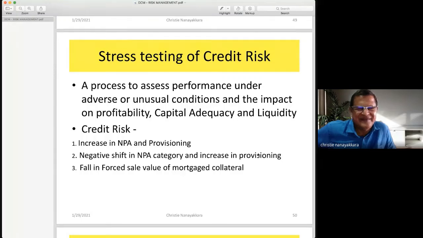Similarly, if economic activities are not good, the credit risk department has to do some tests. We call those stress tests. Stress testing of credit risk is a very important aspect and a responsibility of the credit department.